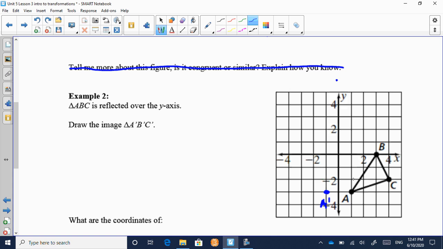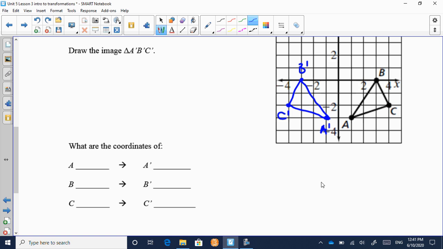Let's do C. C is 1, 2, 3, 4, so I'm going to make it 1, 2, 3, 4. There's C prime. And then B is 1, 2, 3 away, so 1, 2, 3. There's B prime. Okay, so all I did was make sure that every point was the same distance away. There's the reflection. Okay, so the original points were 1, -3, 3, and 0.